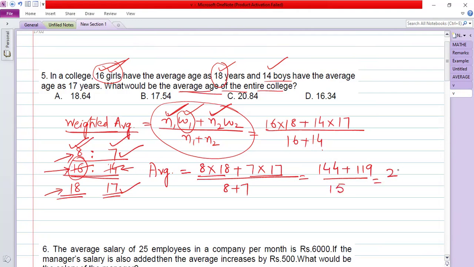So this will be 263 divided by 15. If I'm not wrong, it will be 17.53333. So the closest answer is this one.